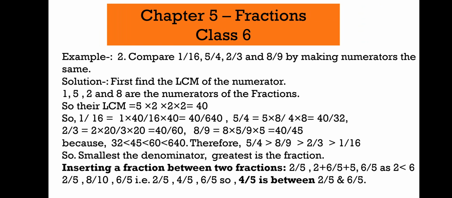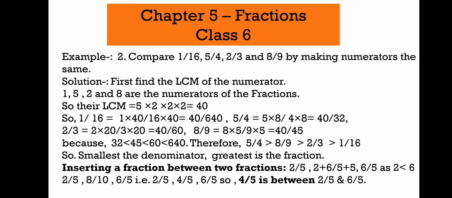Example 2. Compare 1 upon 16, 5 upon 4, 2 upon 3 and 8 upon 9 by making numerators the same. So we are using another method. First find the LCM of the numerators. Here 1, 5, 2 and 8 are the numerators of the fractions.